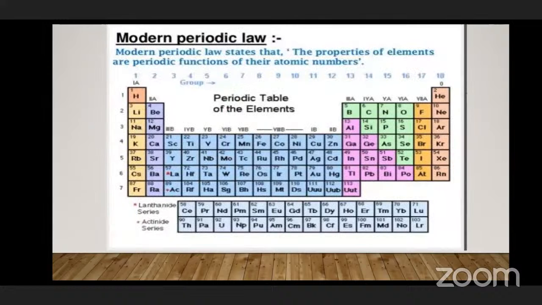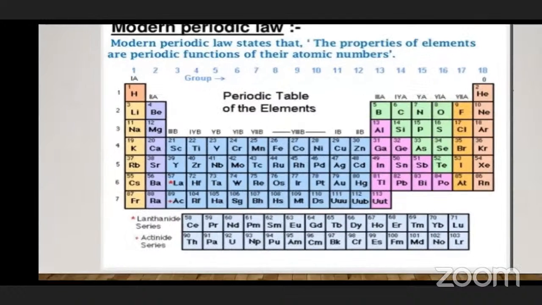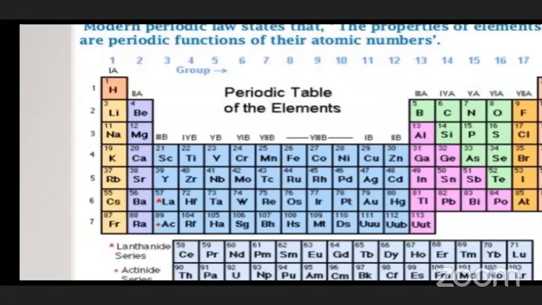First, we have the Roman number 1A and the Arabic number 1. In the first column, those elements have the same number of valence electrons.